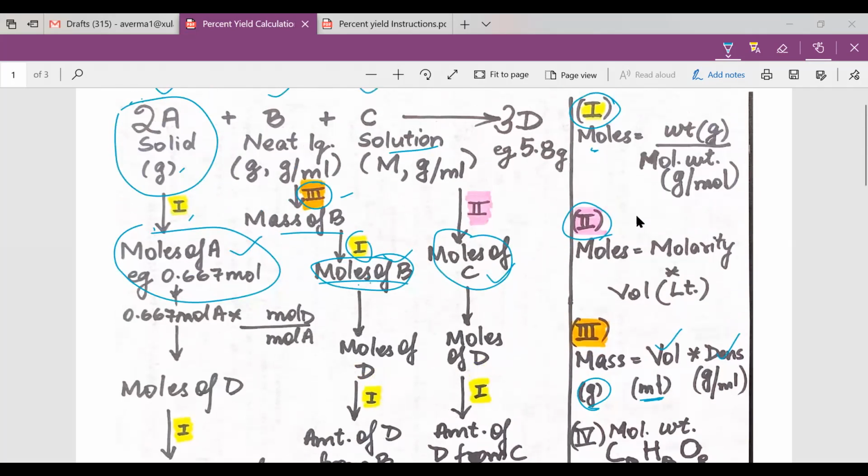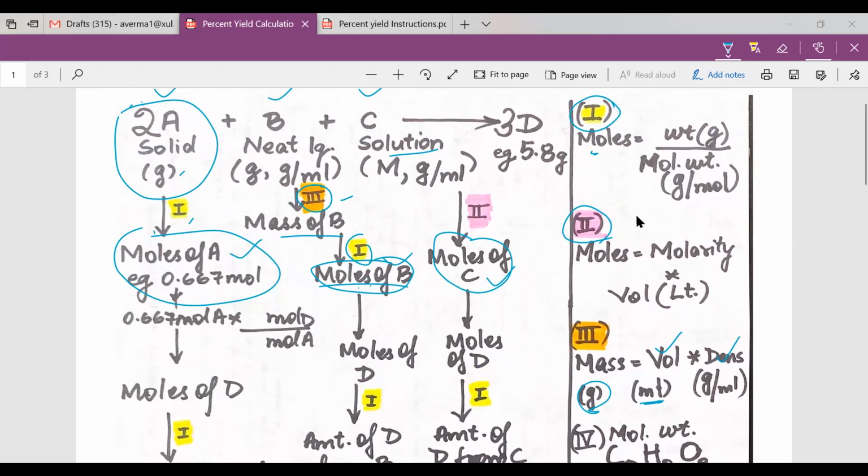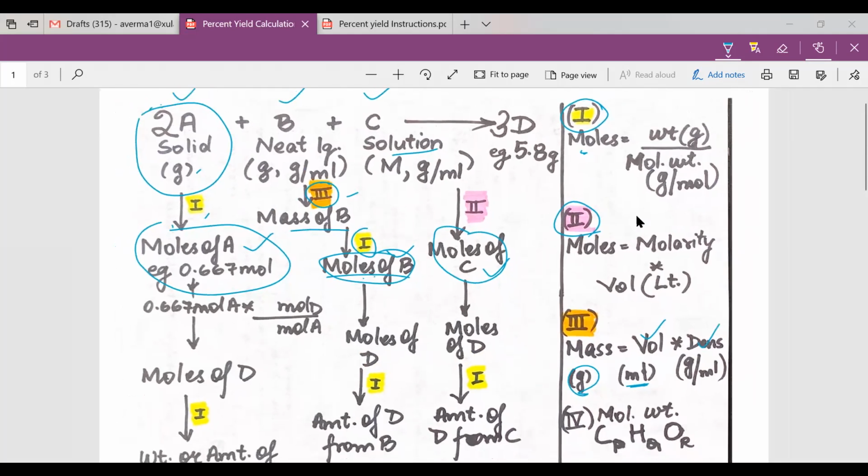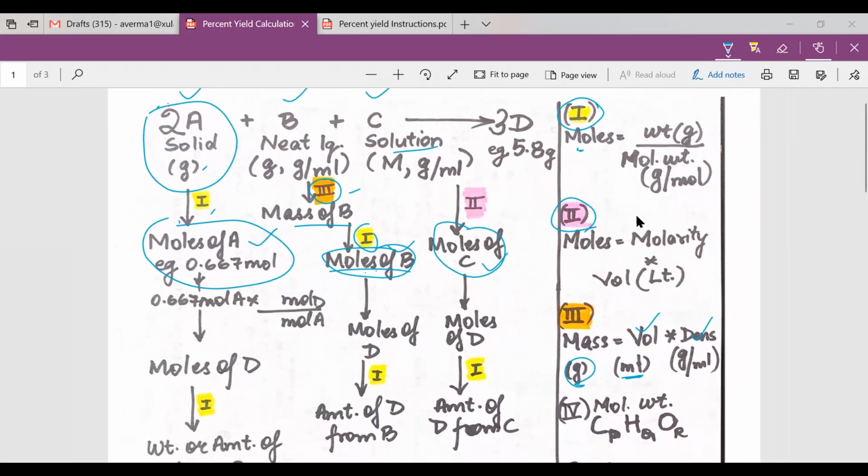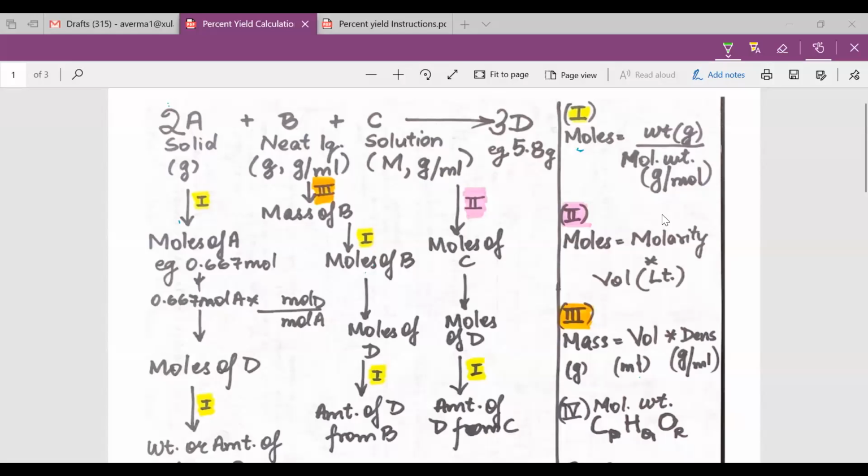Once you have the moles of the starting material, you are then required to do the conversion. How many moles of A will be equivalent to how many moles of product? Now, if you pay attention to this balanced chemical equation, what is the stoichiometric coefficient for this particular starting material? 2.